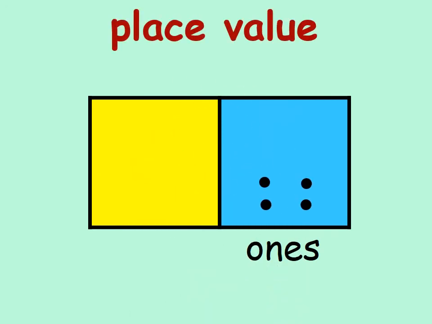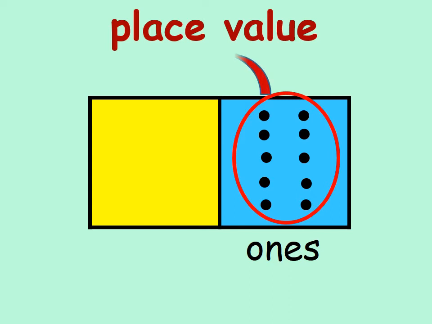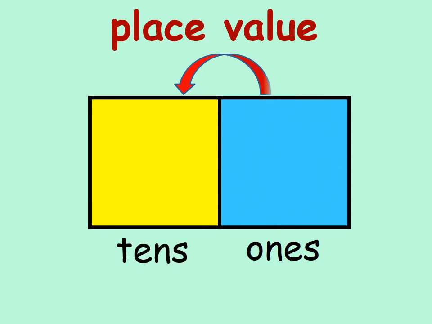2, 3, 4, 5, 6, 7, 8, 9, 10. Now we can't have 10, right? That's too many. So we put those 10 and we're going to move them over here to the yellow. And we put them into the tens column. And we put them into one little square.